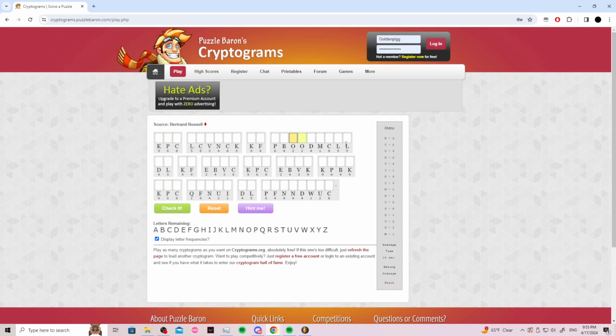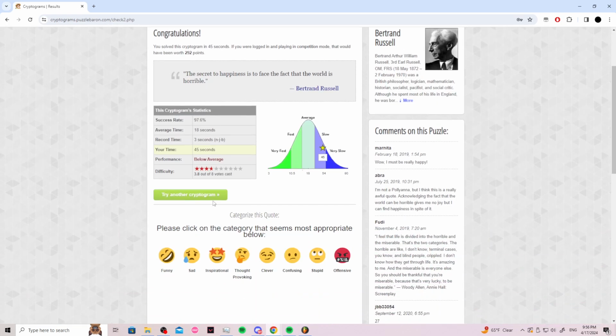But another pattern I have seen is the happiness pattern, just because you see this double, you see this L, and if you didn't have that, the happiness would be a great place to start also. So I just wanted to point that out.